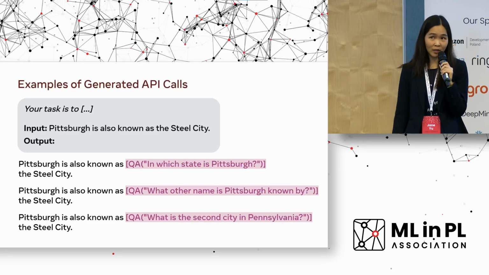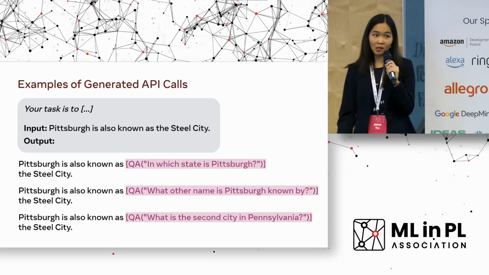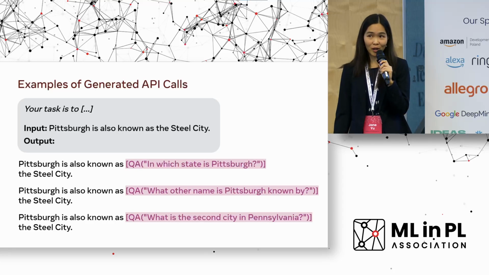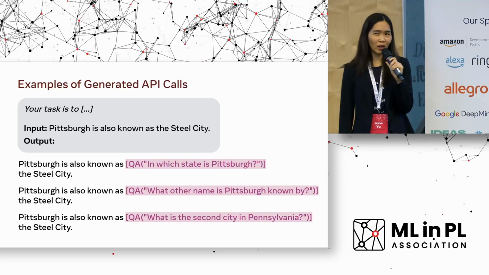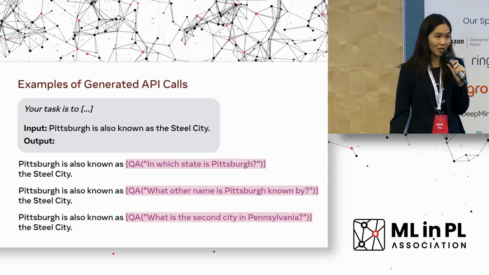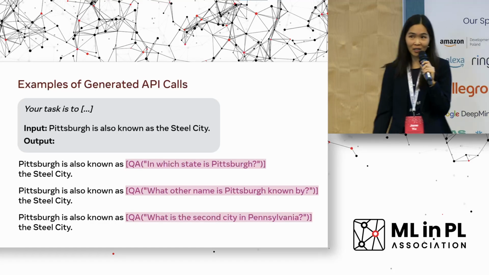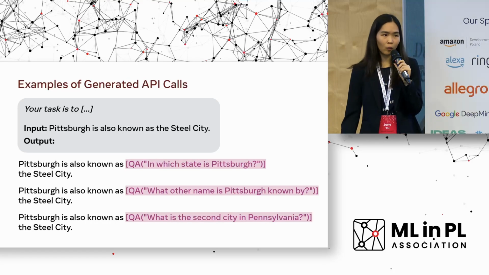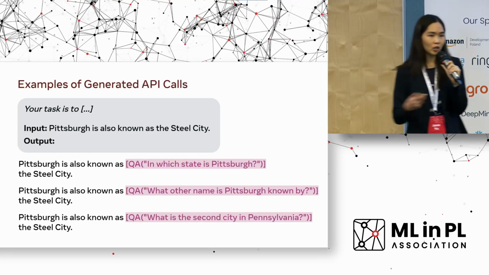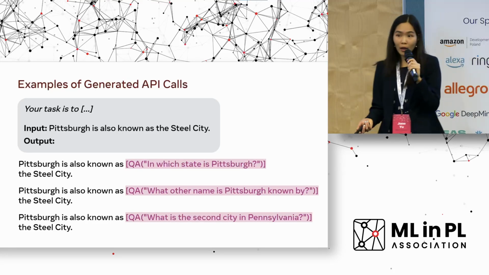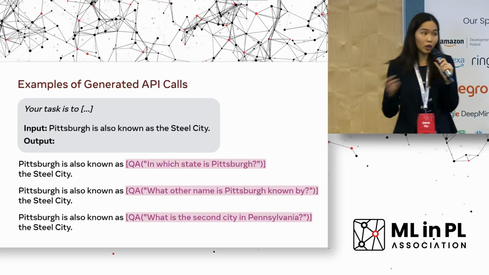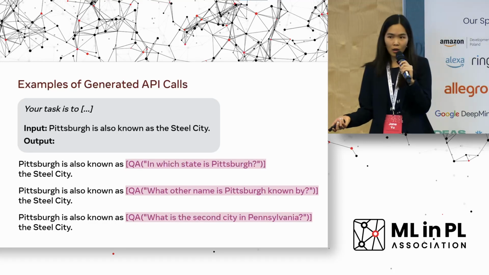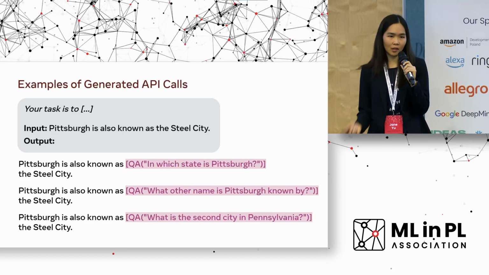We're not really looking for Pennsylvania here. The second one seems really promising, as we've seen before. And the third one doesn't make a whole lot of sense because obviously there are more cities than just 2 in Pennsylvania. So really what you can see here is that we get a mixture of useful API calls, but also good API calls that aren't useful, or some API calls that are just nonsensical.